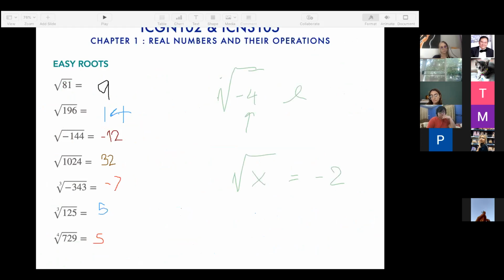It's undefined as well because it's impossible. The value of a square root or fourth root of something must be positive only, the negative value like this is impossible, so it's undefined.